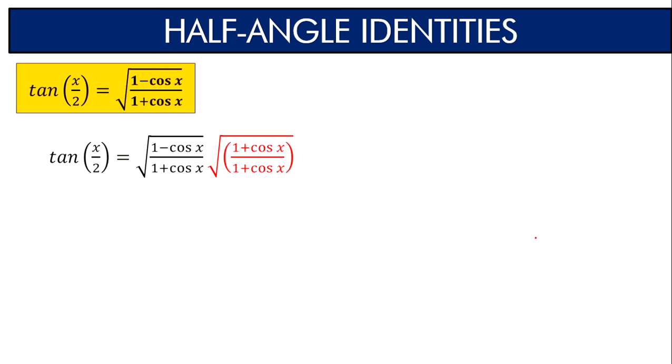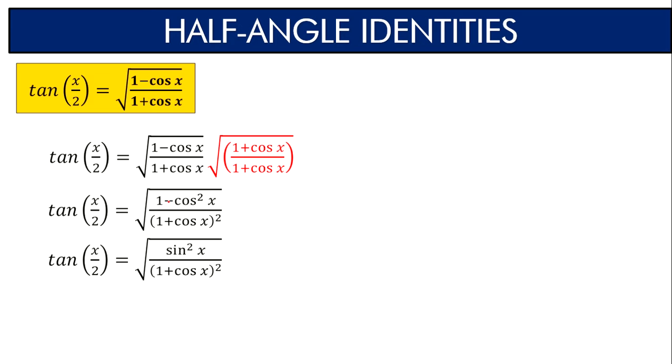If we simplify this, we'll obtain 1 minus cosine x times 1 plus cosine x, which is simply 1 minus cosine squared x. And 1 plus cosine x times 1 plus cosine x is the square of 1 plus cosine x. As we all know, 1 minus cosine squared x is simply sine squared x. If we square root this, obviously we'll obtain sine x over 1 plus cosine x.